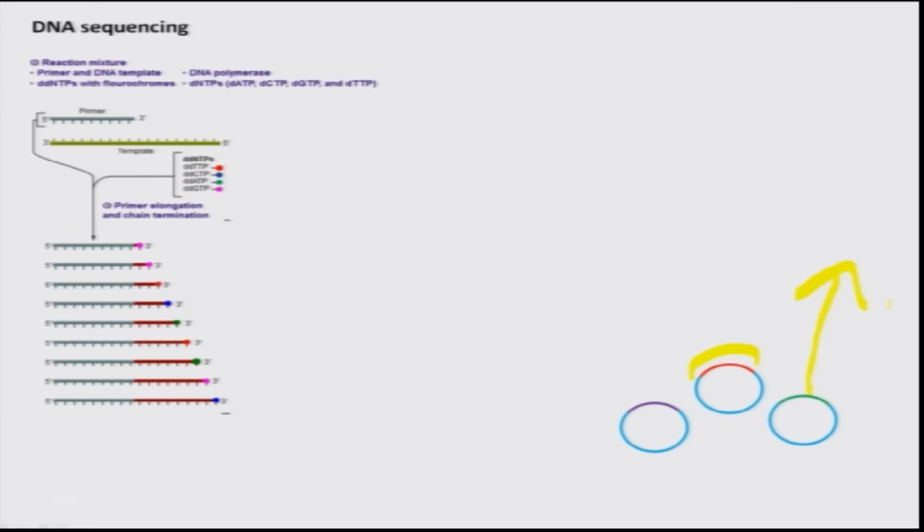What I know in this clone is that the vector backbone is common for all the DNA present in that library, right. What is new is the fragments that are present here. I do not know the sequence of the fragments, but I do know the sequence of, let us say, the vector that I am starting with.